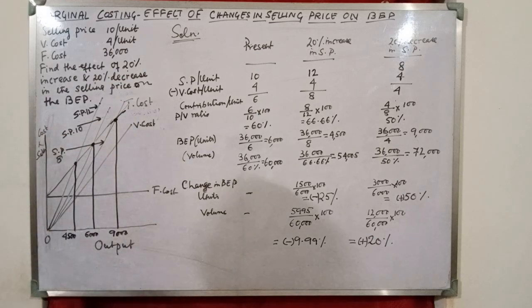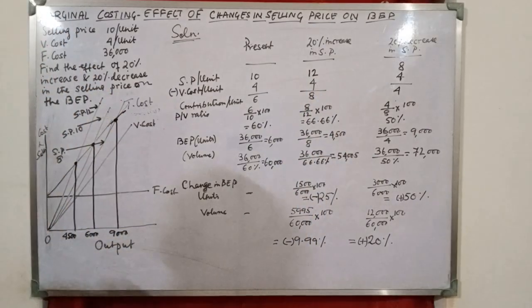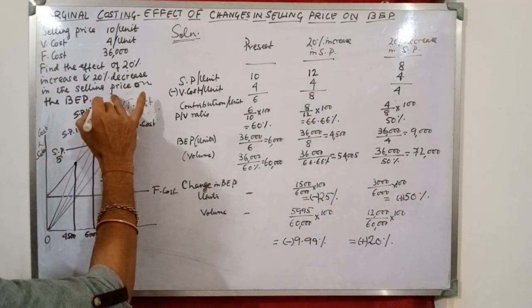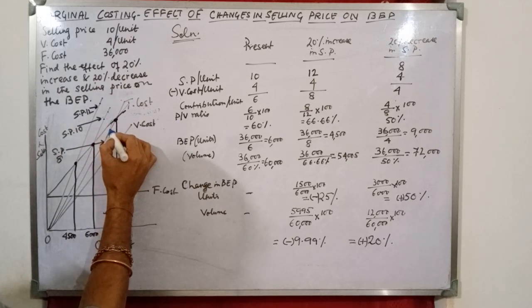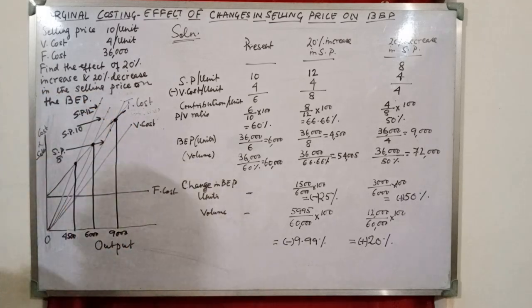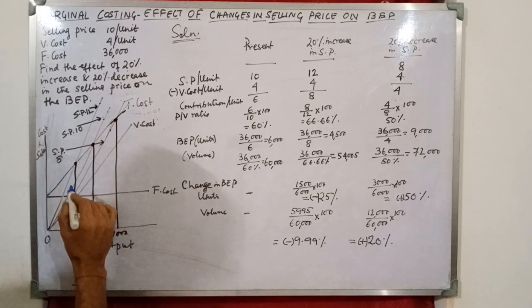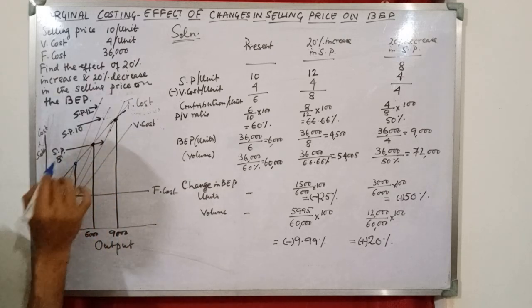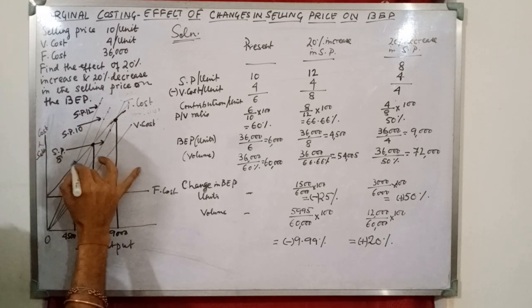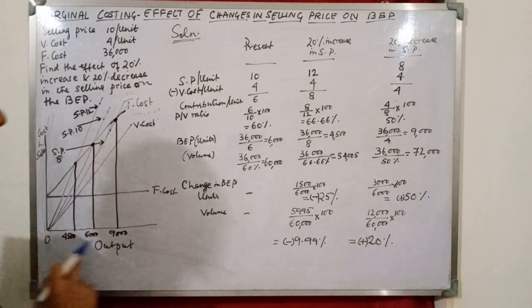Now we have drawn three sales lines for three sales prices. This one is when the sales price is 12. This one is when the sales price is 10. And this one is when the selling price is 8. The sales line when the selling price is 12 intersects total cost at this point. So this is the break-even point, that is, the firm is neither earning any profit nor incurring any loss. So that is 4,500 units.